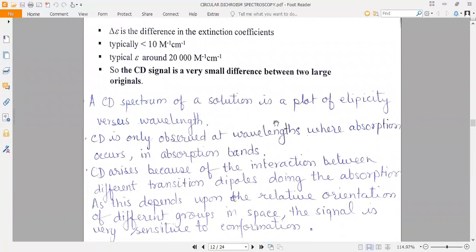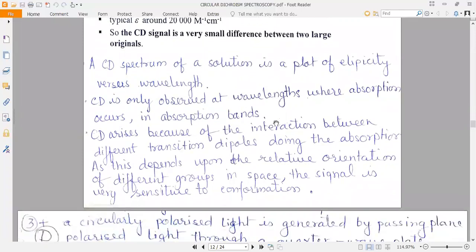For protein, it should be 280 nanometers. For nucleic acid, it should be 260 nanometers. If we are using a molecule whose absorption maxima is known, then that wavelength will be used to measure the circular dichroism.